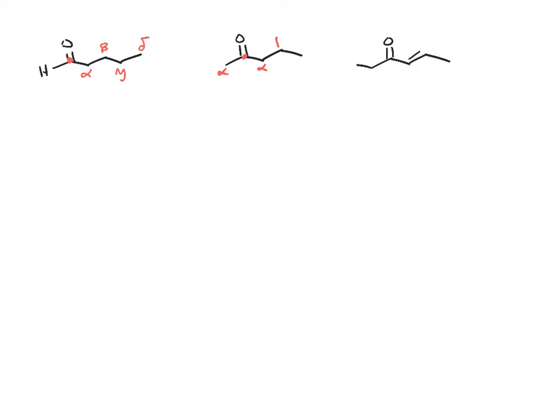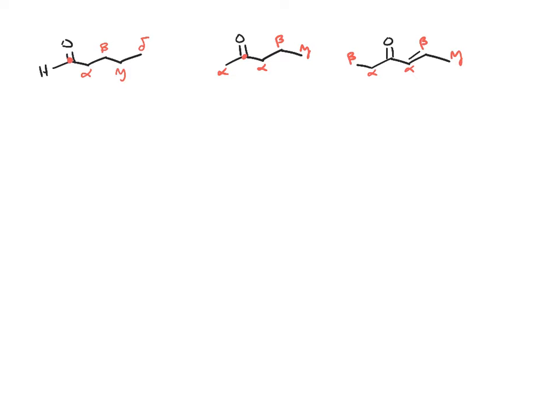And then here you can go alpha, beta, gamma. And then in this third compound, we have alphas. On the left, you can go out to a beta before you run out of carbons. On the right, we can go alpha, beta, gamma.